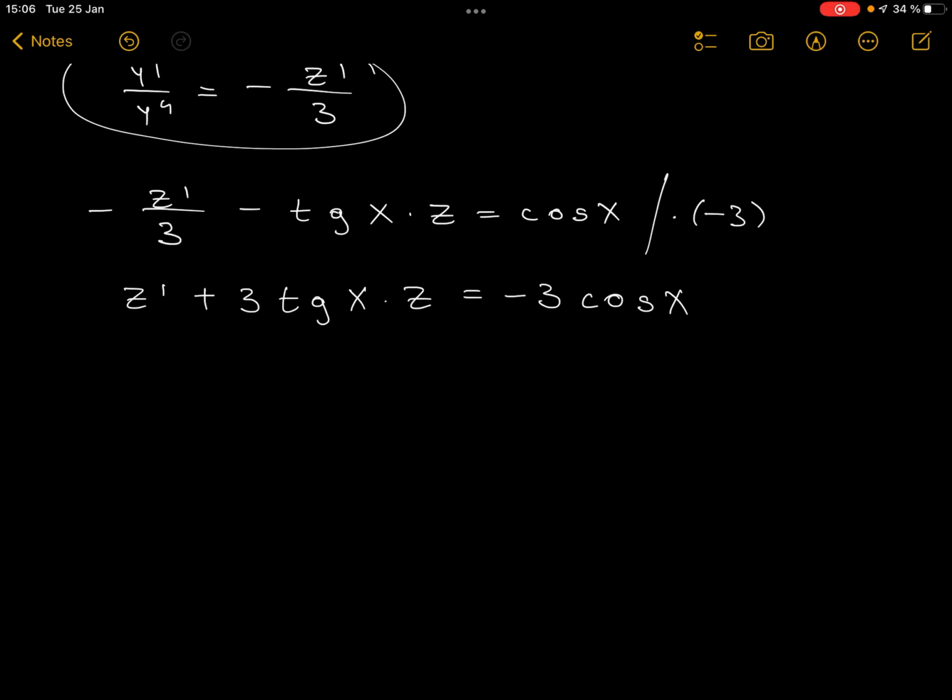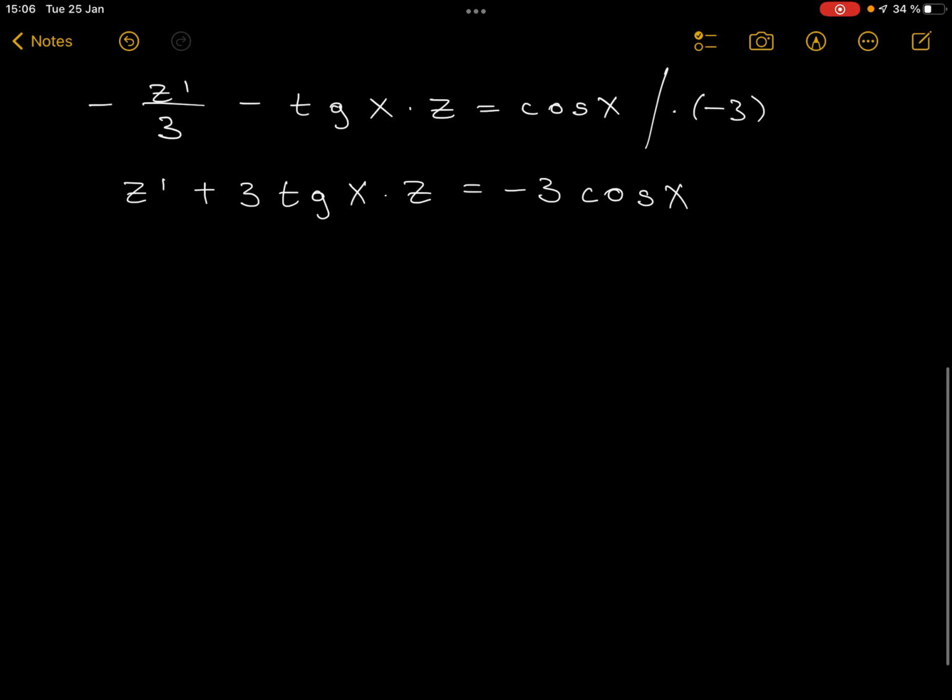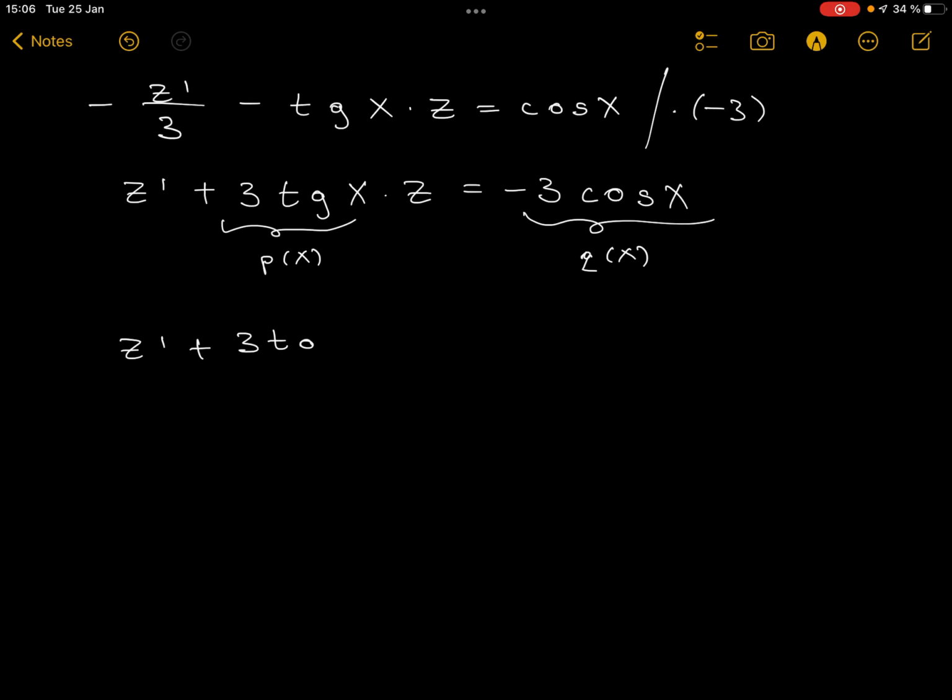Now we've got a first order non-homogeneous linear equation. Okay, and this is our new p of x, and this is our new q of x. So first of all, when we're solving these kinds of equations, we first have to solve its homogeneous version, namely what we have on the left side.